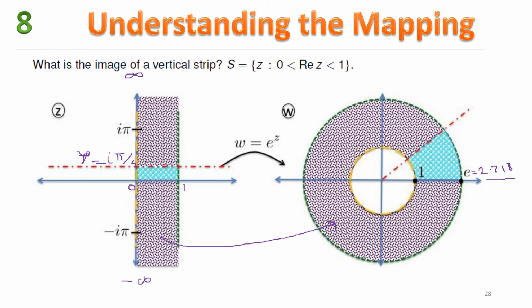So the angle pi by 4 is being represented here by this dotted line, and now the portion I'm talking about is the line y equal to 0. So y equal to 0 will correspond to something like this. Here this is the different color shade for the strip which corresponds to the mapped version of the exponential function.